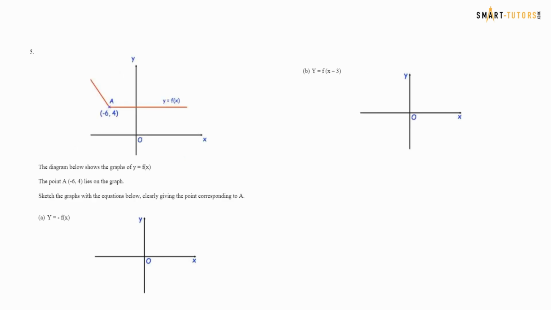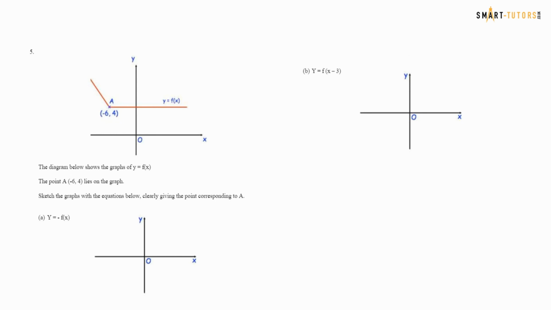Question number 5. The diagram below shows the graph of y equals f of x. The point minus 6, 4 lies on the graph. Sketch the graph of the equation below, clearly giving the point corresponding to A. So y equals minus f of x means the minus is coming outside, which is a reflection on the x-axis.